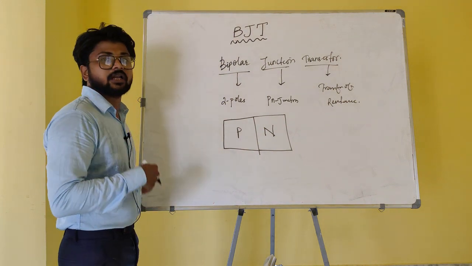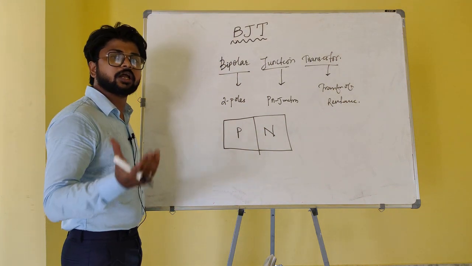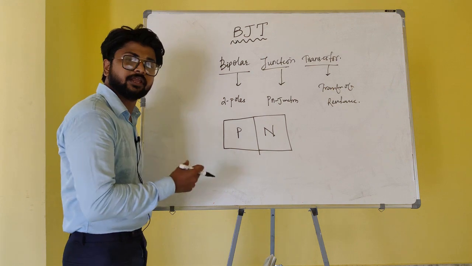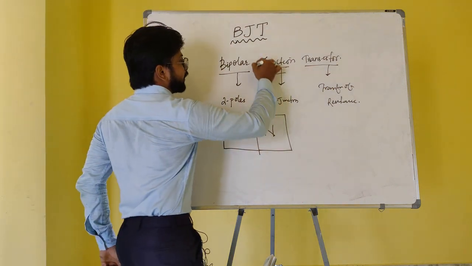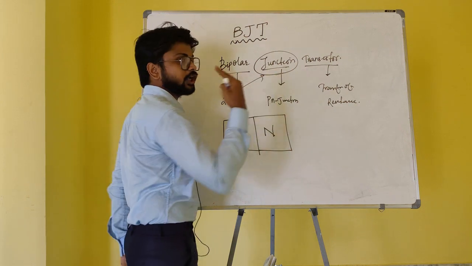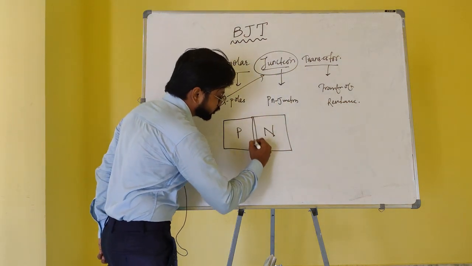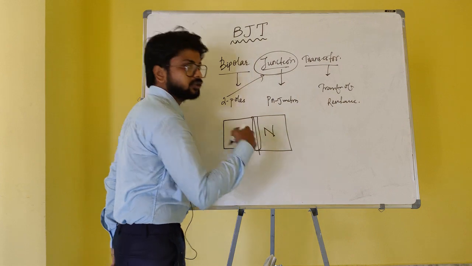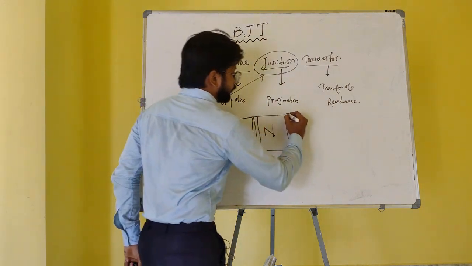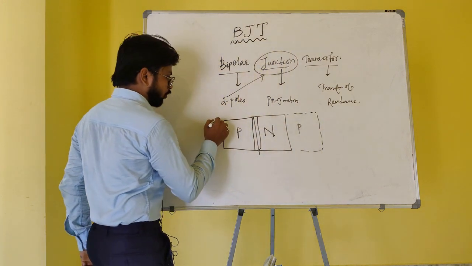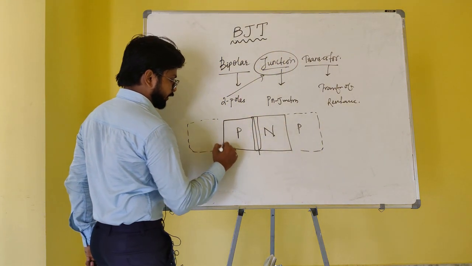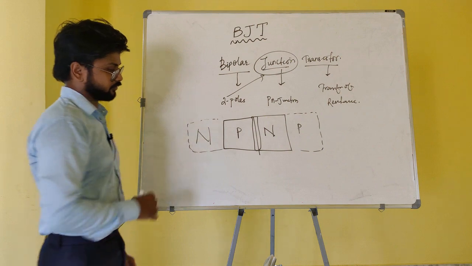Now to make another p-n junction, we do not have to put another p and another n. We just have to keep in mind that we need two junctions. So this is one junction, and we need another. Either we can put a p-type semiconductor here, or we can put an n-type semiconductor here.